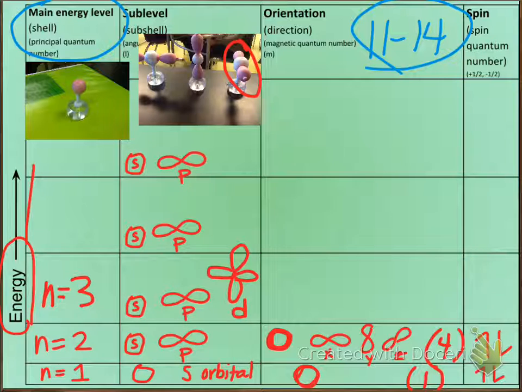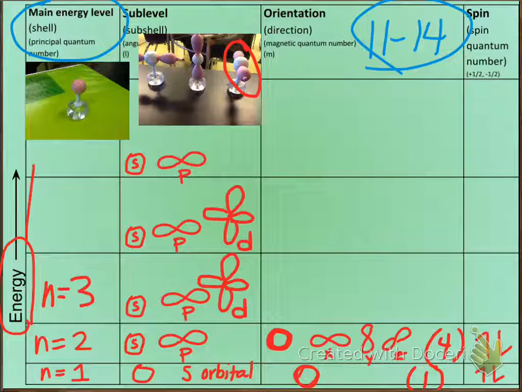It looks pretty weird, admittedly. And every single energy level after the third one has d orbitals, because that's just the way it works.